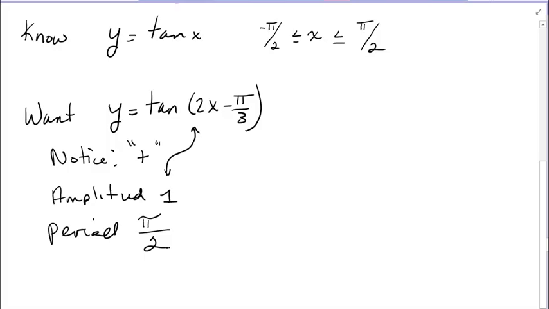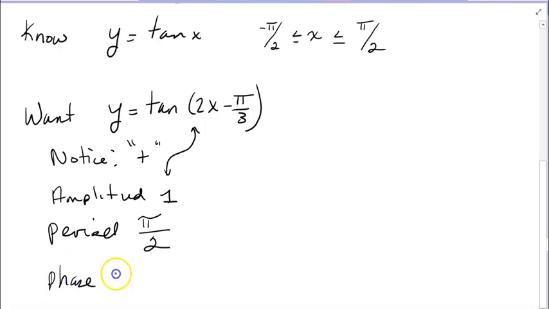So between the first asymptote and the second asymptote of our one cycle, there's only a distance of pi over 2. All right, so that's good. And you can still find a phase shift.